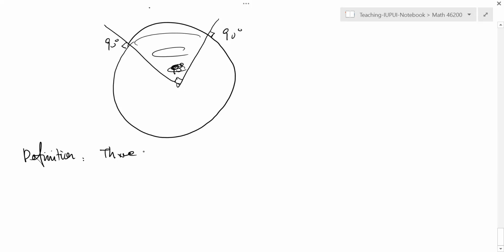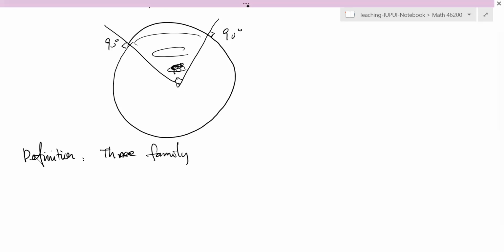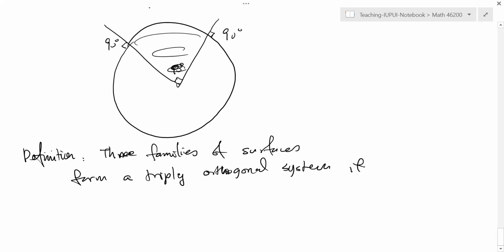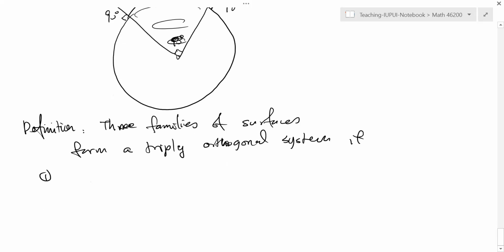Three families of surfaces form a triply orthogonal system if, one, exactly one surface of each family passes through each point of R3, or the same open set in R3.